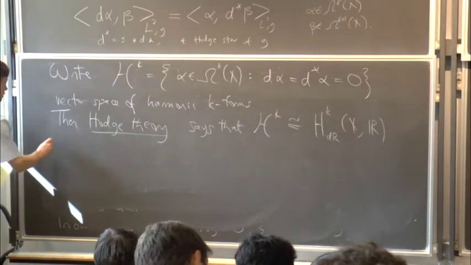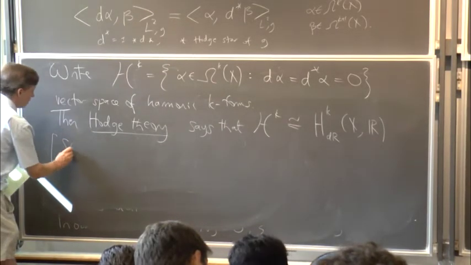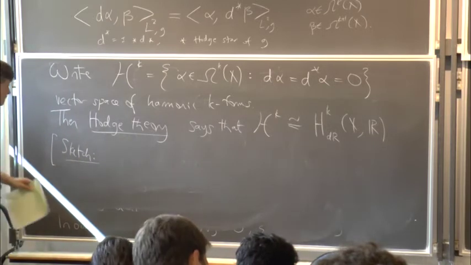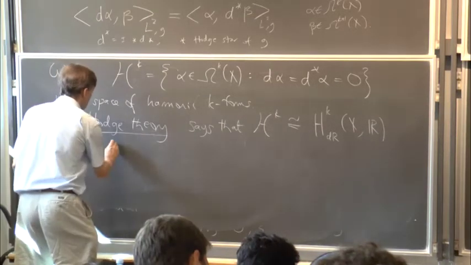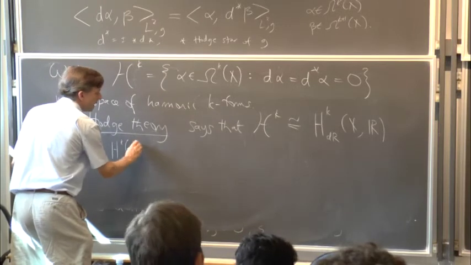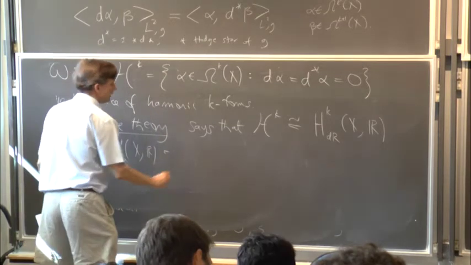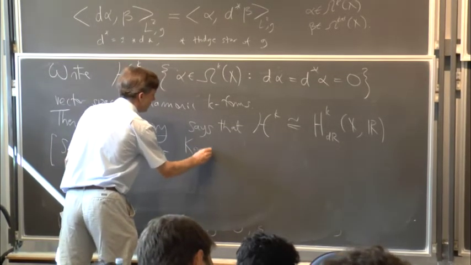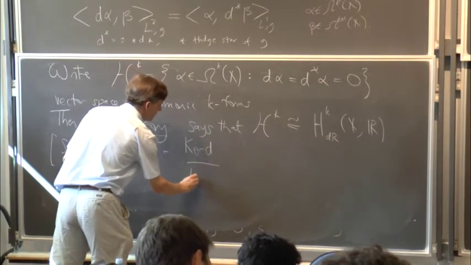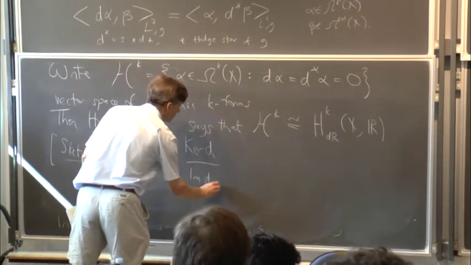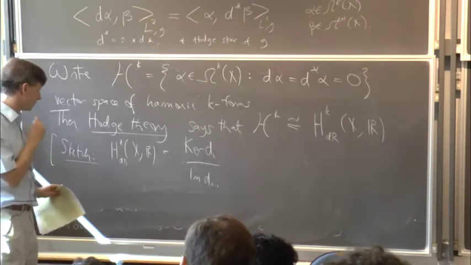As a kind of sketch of why this Hodge theory is true, you have H^k(X), which is basically the kernel of d_k over the image of d_{k-1}, d on (k-1)-forms.